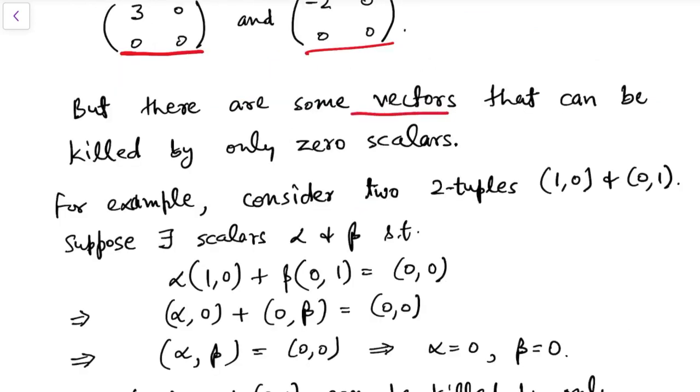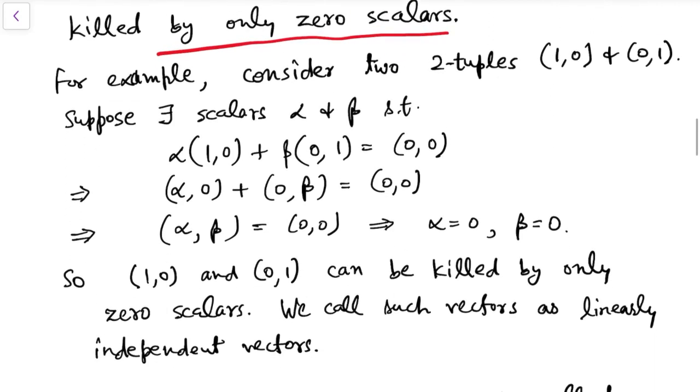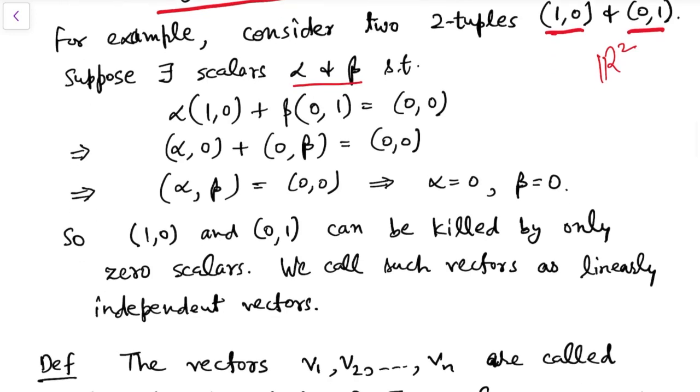But there are some vectors that can be killed by only 0 scalars. For example, consider these two tuples 1 0 and 0 1. These are coming from the vector space R square, and suppose there exist two scalars alpha and beta such that alpha times 1 0 plus beta times 0 1 is 0 0.